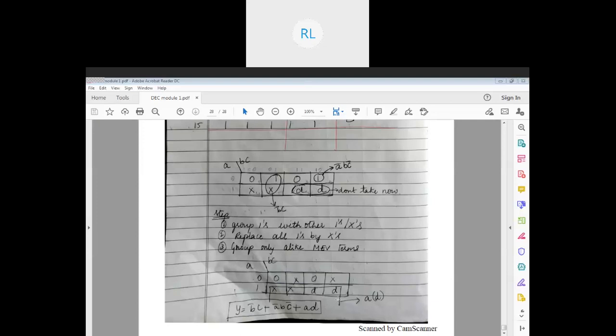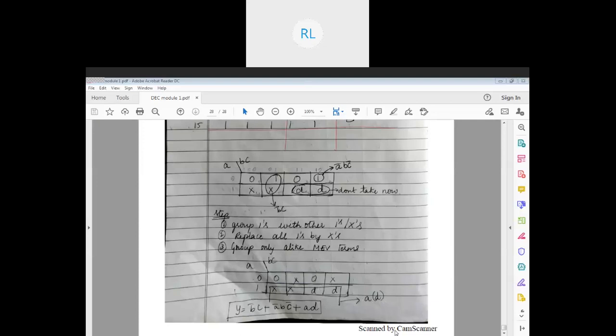The next step is replacing all the ones by don't care. So I have replaced ones with don't cares and group only MEV terms. So MEV is here, D and D, and it's a don't care. Don't care means I can make it either 0 or 1, so I will consider them fully, and this becomes my final equation, A into D. Why is it A into D?